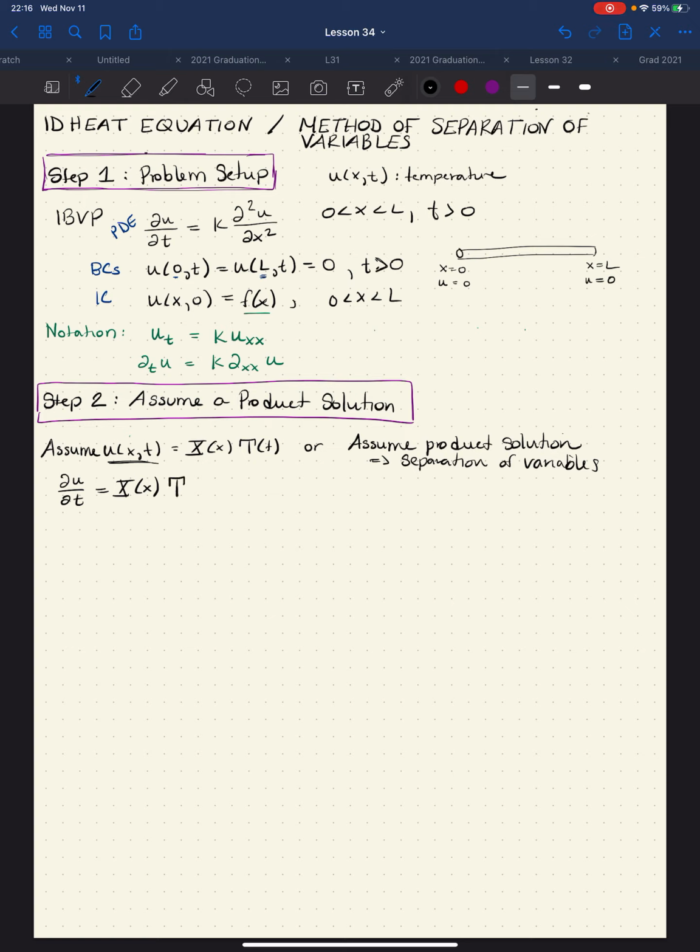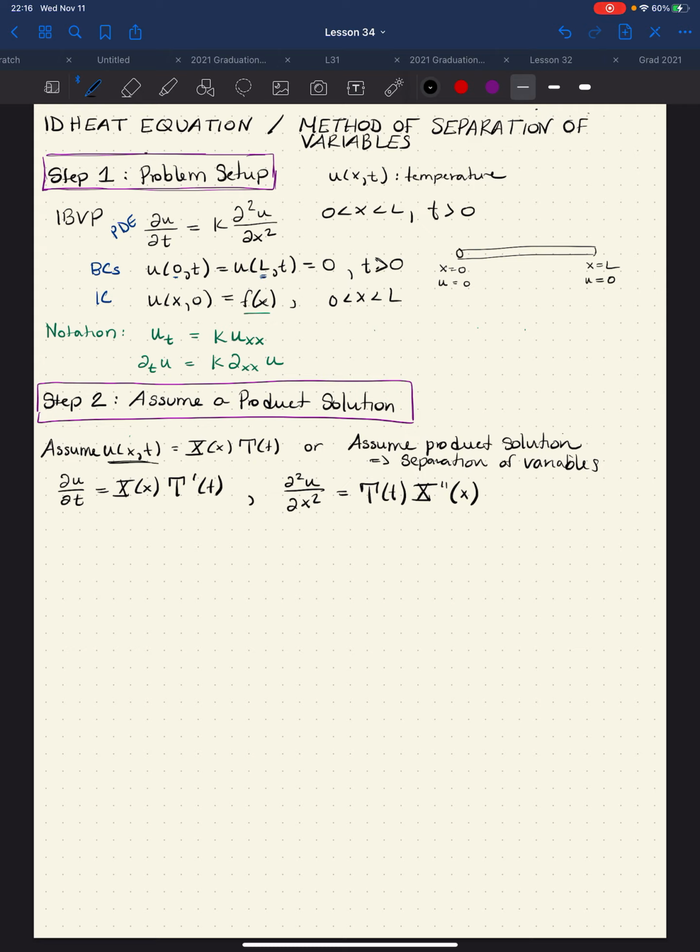And then for t, we just have the first derivative of the T function. Similarly, for the second partial derivative of u with respect to x, this time we can hold the time function constant, and now we have a second derivative, and this is a straight derivative, right? So this is a full derivative, X double prime of x.